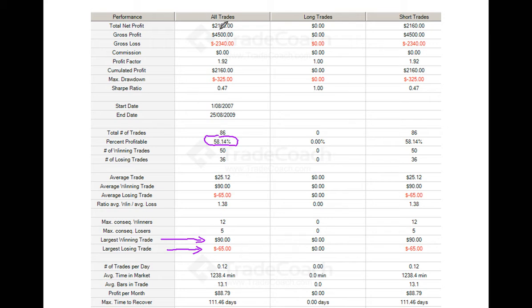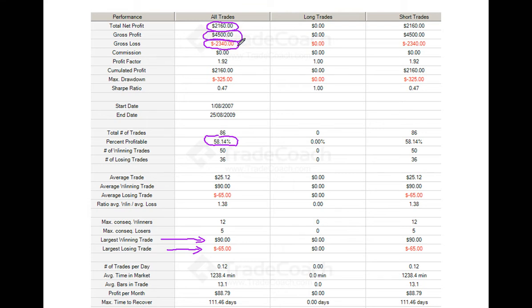But if you crunch the numbers, this makes it really clear. Overall, we made about $2,000 over the time. Keep in mind we're making $90 or losing $65. But to put your head into perspective on if the system's useful or not, this is the best way to look at it. The overall loss we handed back, 2,300. The overall profits, not including the losses, was 4,500.